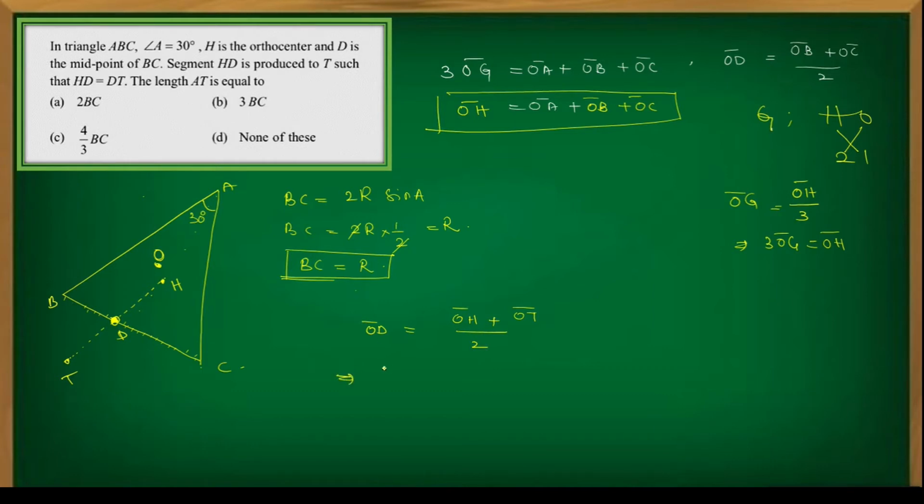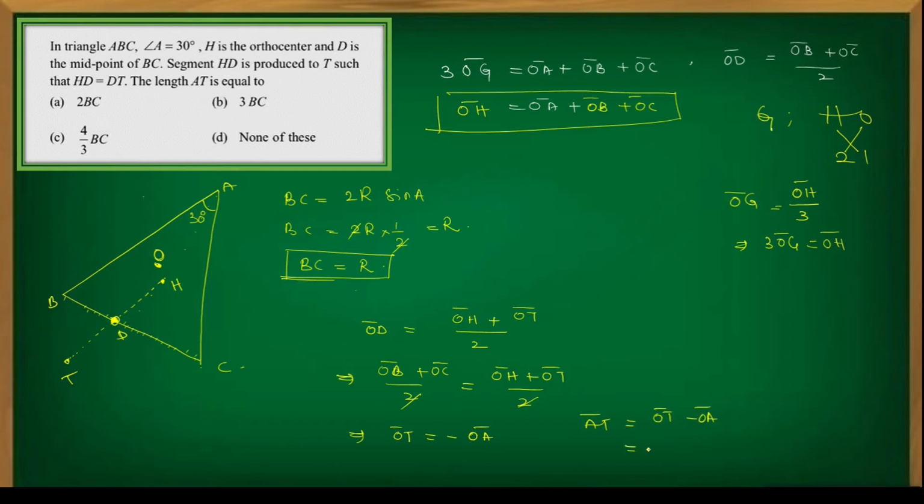But OD is (OB plus OC) by 2, which is equal to (OH plus OT) by 2. But OH is OA plus OB plus OC, so OB plus OC is cancelled. So you get OT is equal to minus OA. Now AT is equal to OT minus OA.